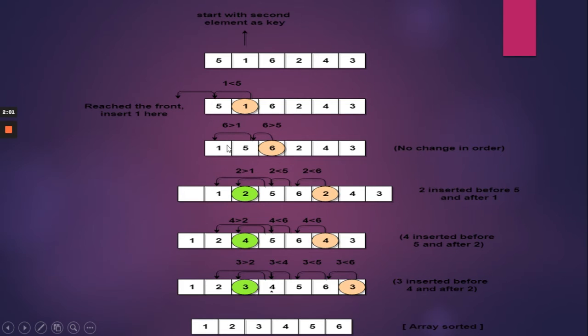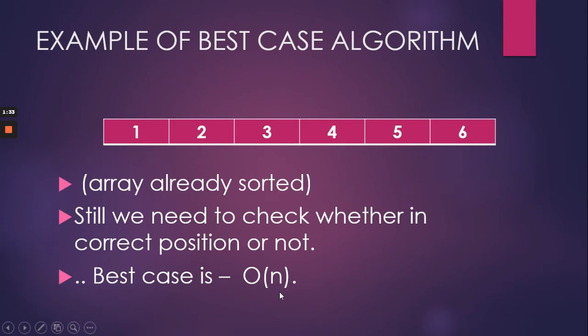After that, the same happens for the second, third, fourth, and fifth steps, and after all these steps are done, the final answer is 1 2 3 4 5 6. That is, the array was sorted in ascending order. So these whole steps show that the time complexity is n square.